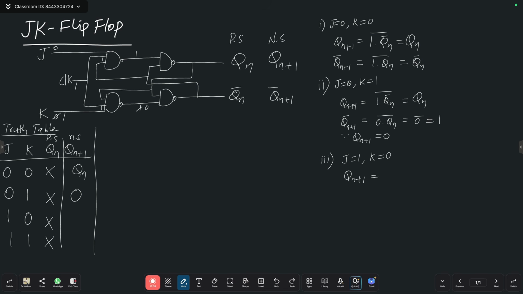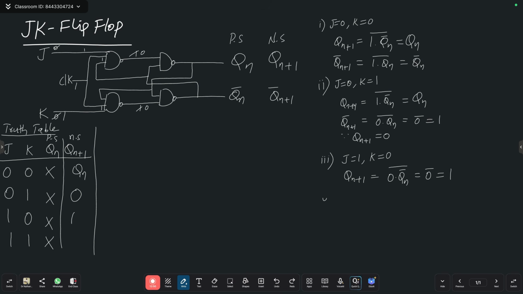J equals to 1, so 1, 1, 1. Complement is 0. Then 0 into Qn bar, whole bar. Then 0 bar, then 1. No need to check its complement line because Qn plus 1 is 1, nothing but a set state. Correct?